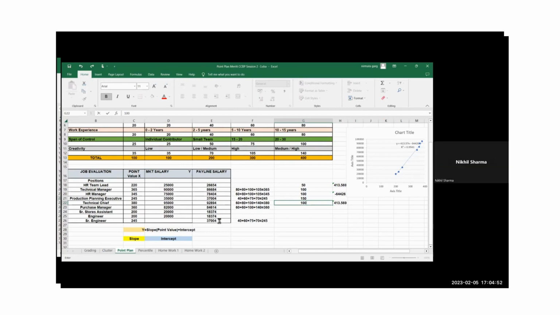Ma'am, I have a question on this one. How do we see for the outliers? I mean, there would be outliers as well. Should we give them promotion or demotion in that regard? No. When you are doing a scatter graph, clearly certain job points will show whether they are outliers at a low level or at a high level, right?